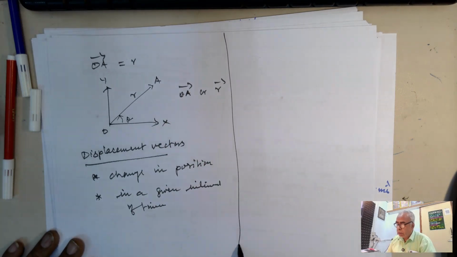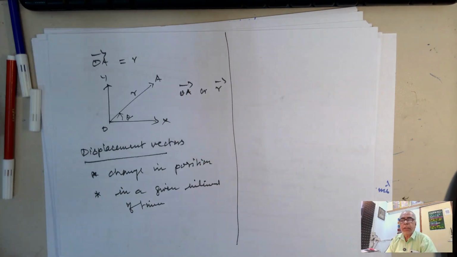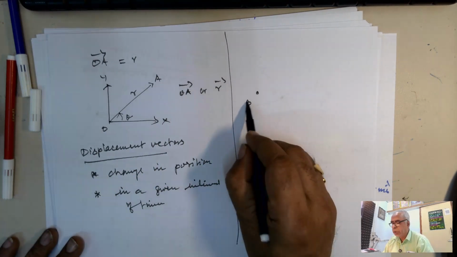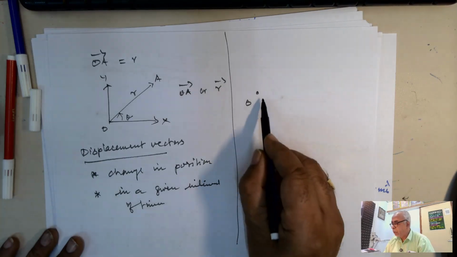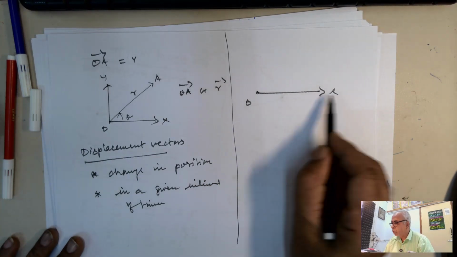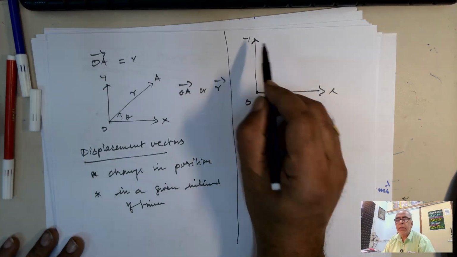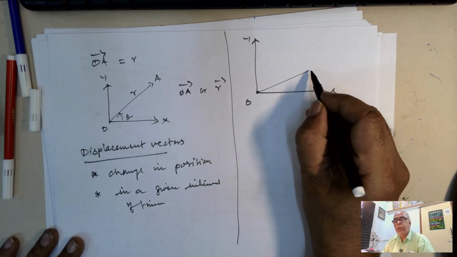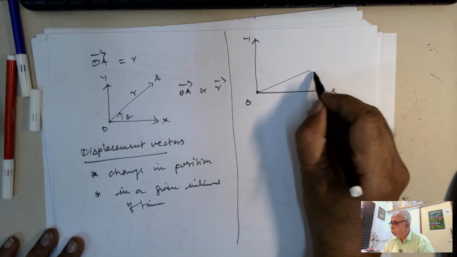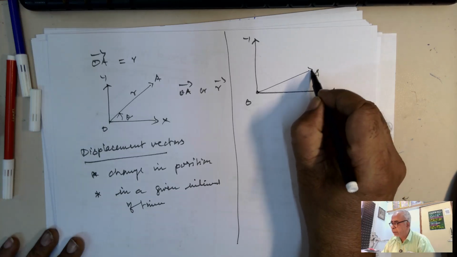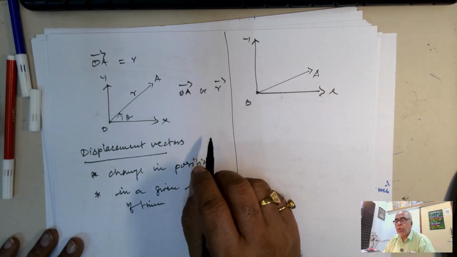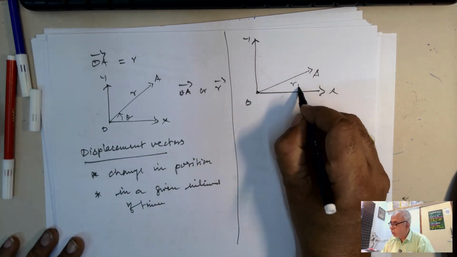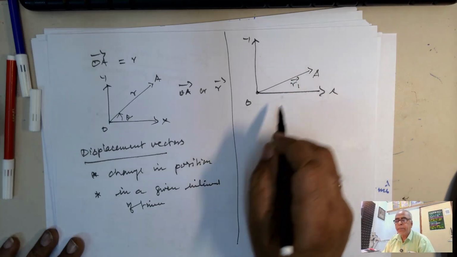For example, let me consider the same O, origin. From the origin, you have got the x-axis here and y-axis here. Okay, let me consider a position vector OA. This is the position vector. Okay, so let us call it R1 vector, right?